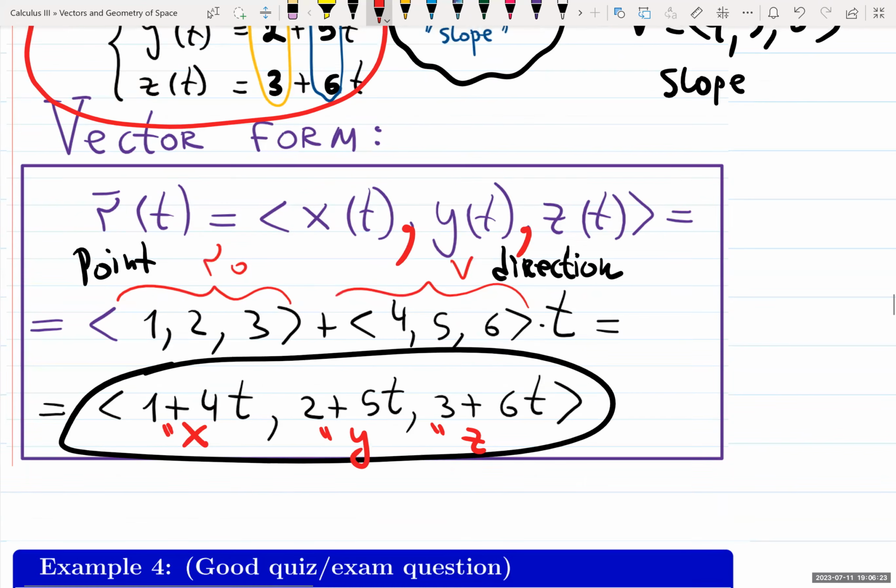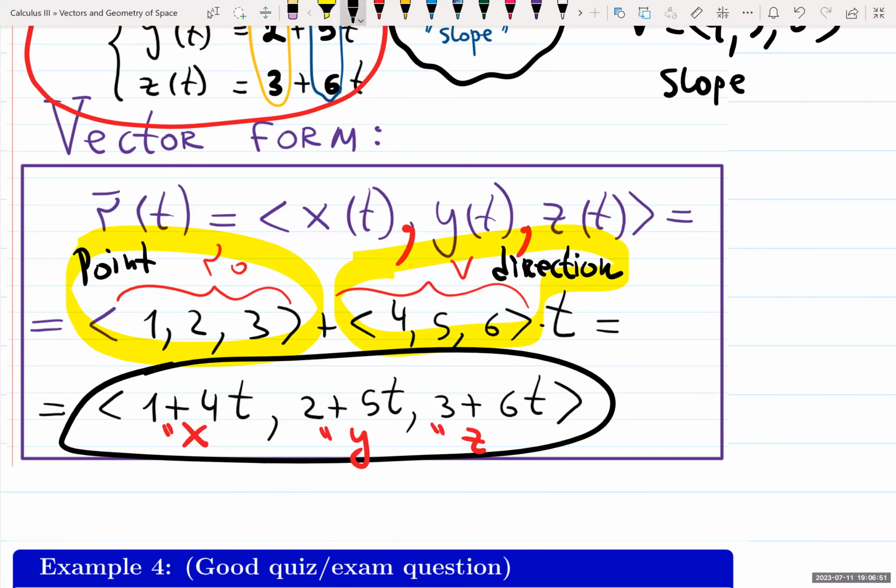But then the second one is interesting. If you write it down as a point separately, but again, it's not a point with parentheses, it's a vector 1, 2, 3, pointing at the point 1, 2, 3, plus the slope, and the slope comes from a direction vector, multiplied by t.